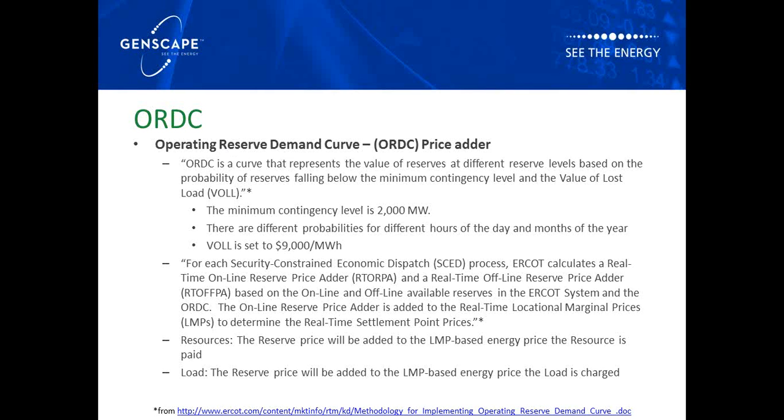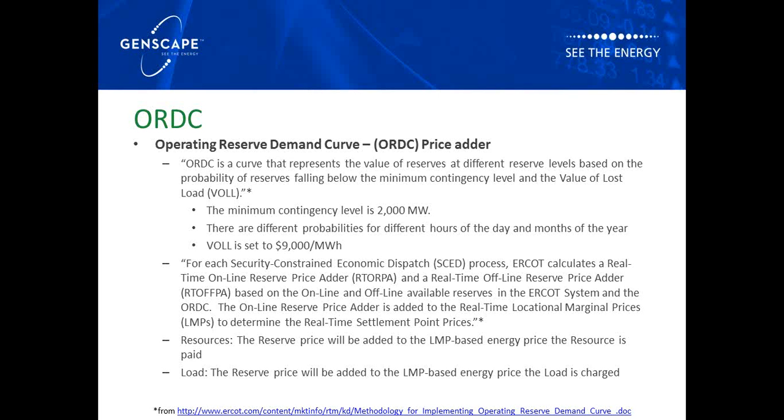And what this actually is the curve that represents, 1, the value of reserves at different reserve levels based on the probability of those reserves falling below the minimum contingency, and 2, the value of lost load, or what they use in a lot of the equations, just VOLL, just shortened up.